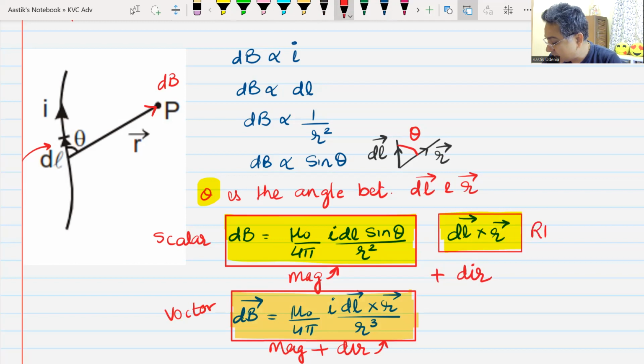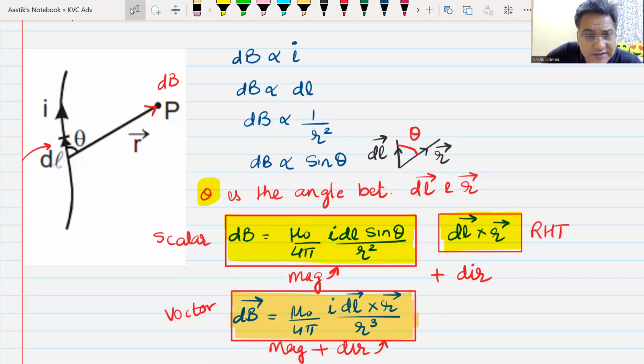We find it by the right hand thumb rule or right hand screw rule or Maxwell screw rule or Fleming's right hand rule, whatever you call it. That is how you find out the direction of magnetic field. dl cross r gives us the direction of magnetic field.